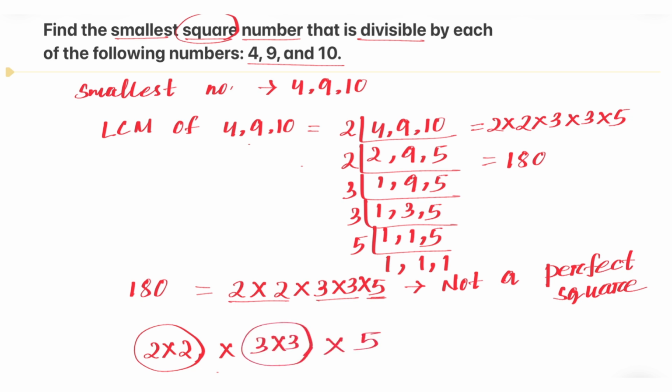If we pair of 5, then the number which we'll get will be a square number. So we can multiply 5 with another 5 to make the number a perfect square. And if we'll do so, our answer will be 900. That means 900 is the smallest square number which is divisible by 4, 9 and 10.